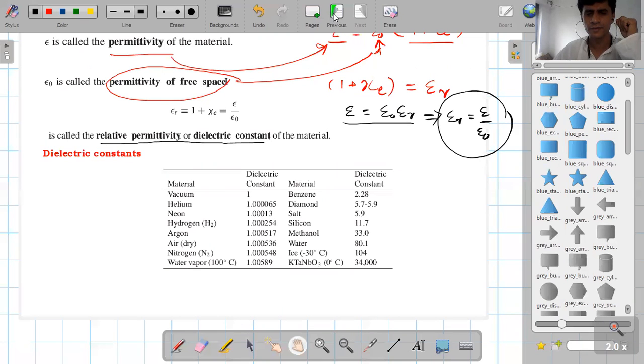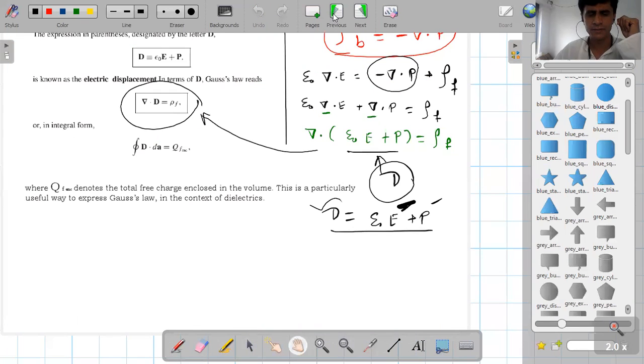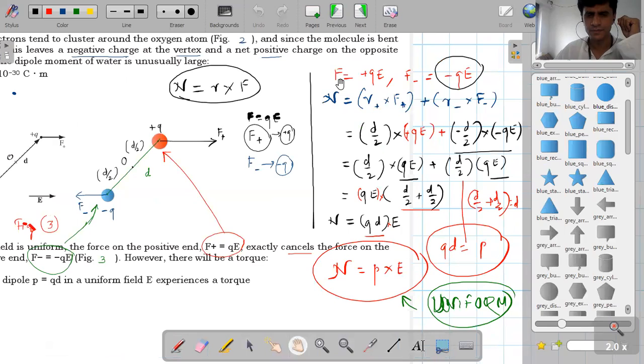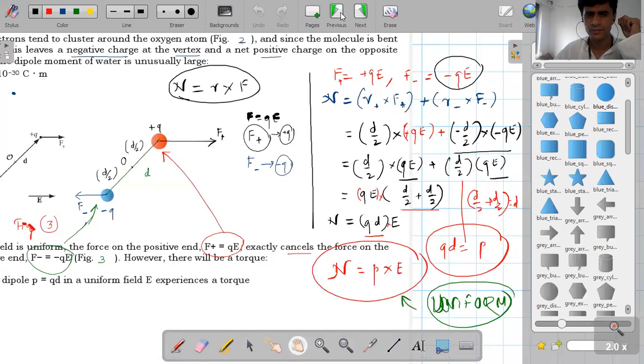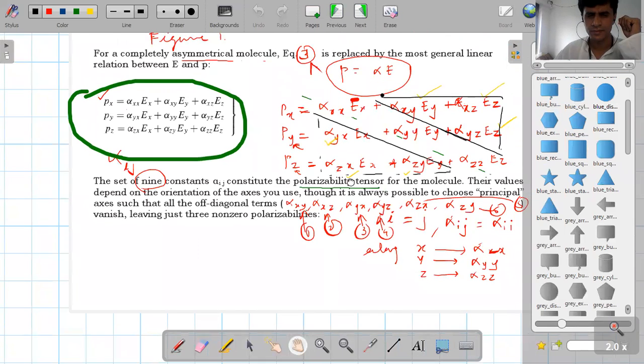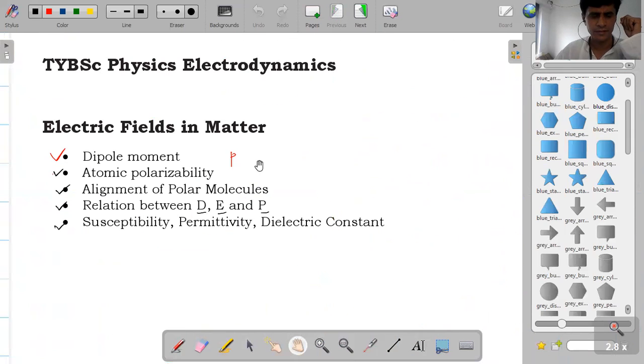Initially, I explained the dipole moment, what P and E are, atomic polarizability alpha, and alignment of polar molecules such as the hydrogen molecule and carbon dioxide molecule.